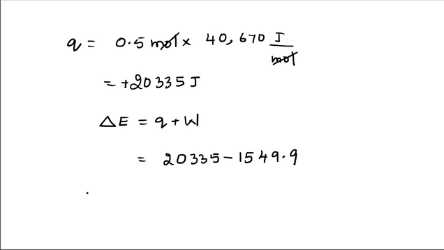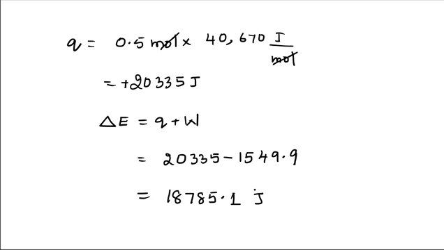So we end up with 20,335 minus 1549.9. So that's going to be 18,785.1 joules of gain of internal energy.